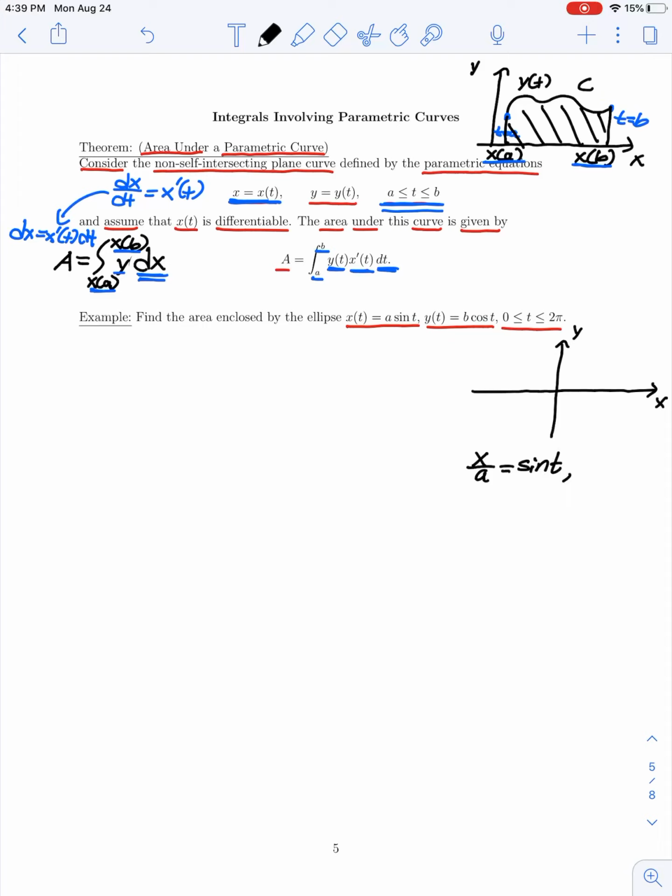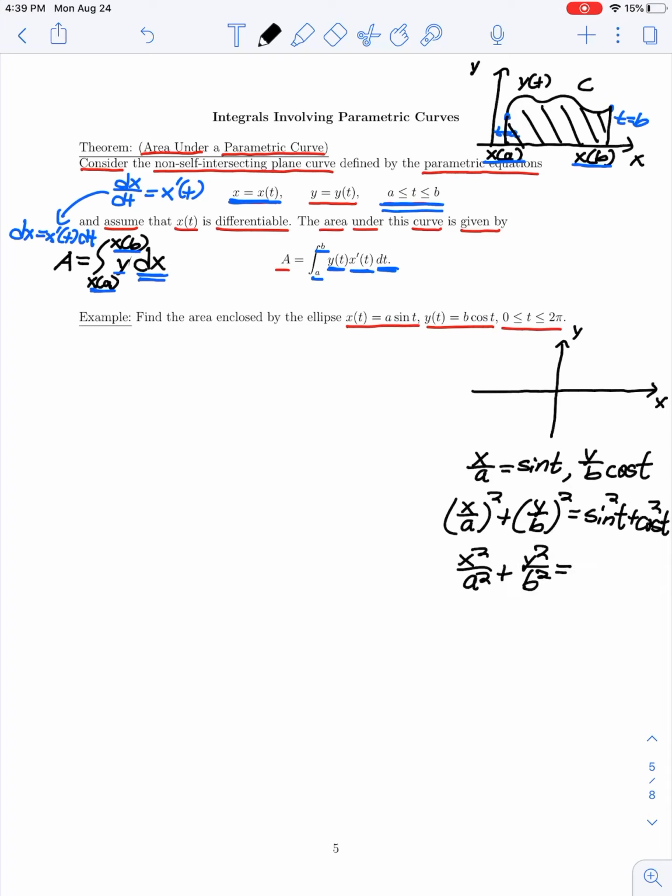And solving my second equation for cosine of t, I have y over b is cosine t. Taking the sum of the squares of those values, x over a squared plus y over b squared, I would have sine squared t plus cosine squared t, which is 1. So this is really x squared over a squared plus y squared over b squared is 1.